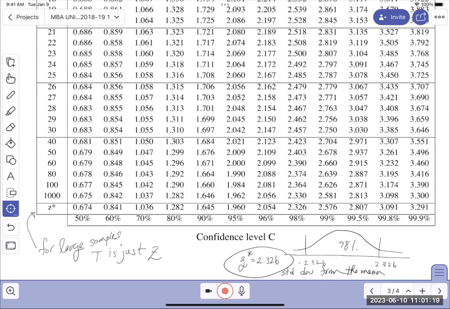If you needed the Z for a 97% confidence interval, 97% is not here.